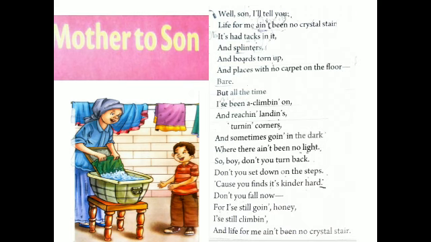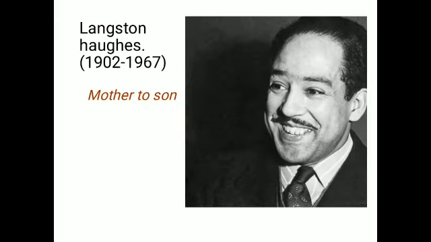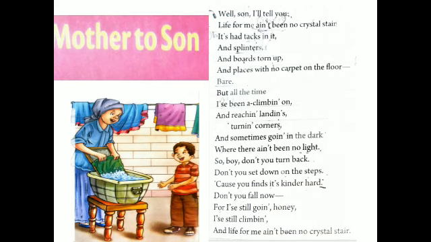A monologue type of poetry means there are two persons and one is the speaker. Here the speaker is the mother and the listener is the son. Have you noticed in this picture? Here the mother is the speaker and her son is the listener. So let's go into the poem.